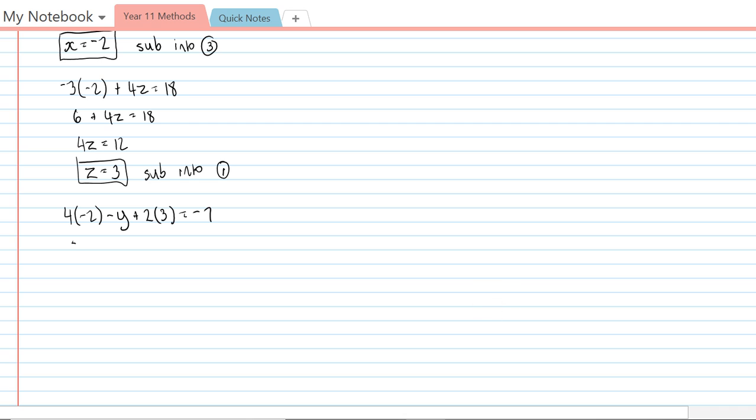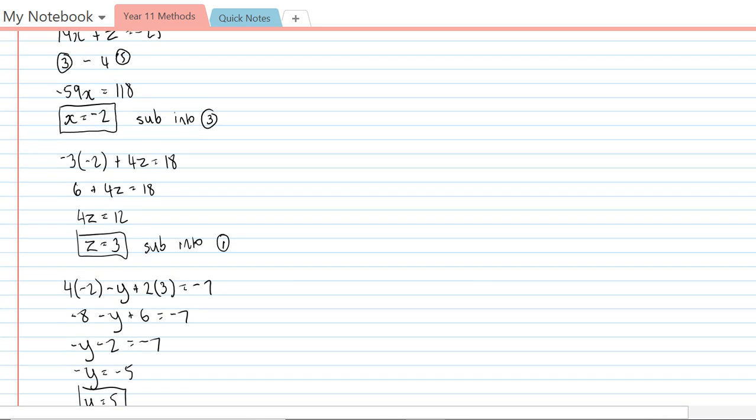So that gives negative 8 minus y plus 6 equals negative 7. Minus 8 plus 6 is minus 2, so negative y minus 2 equals negative 7. Add 2 to both sides, and divide by negative 1, we get y equals 5. And there we have it, the solutions for x, y, and z.